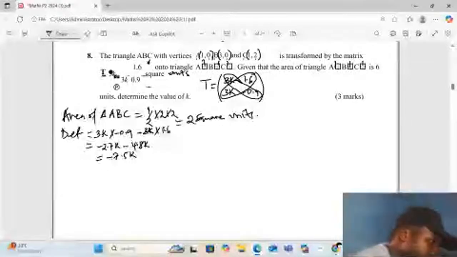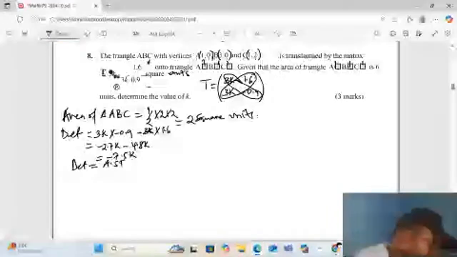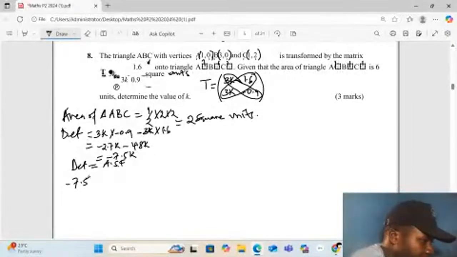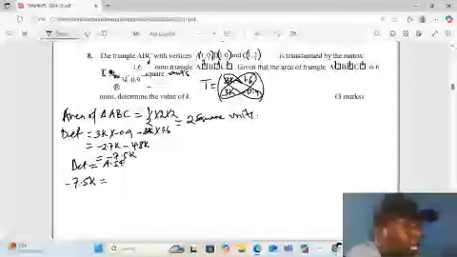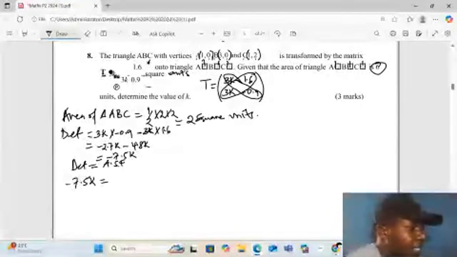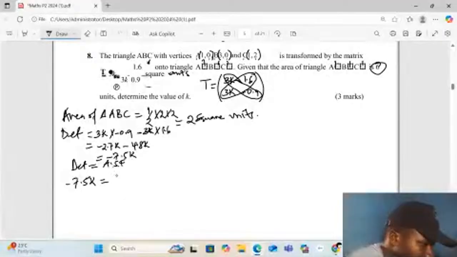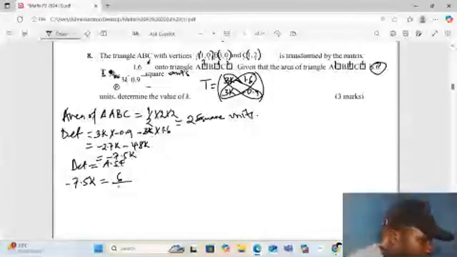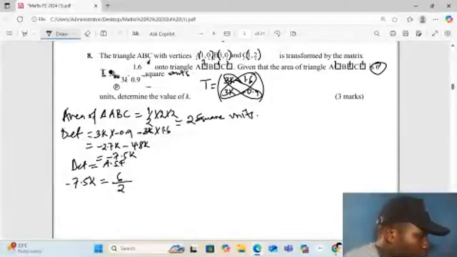Now we remember that the determinant is equal to the area scale factor, and our determinant is negative 7.5k, which is equal to the area given, 6 square units, over the area of this triangle ABC, which is 2.